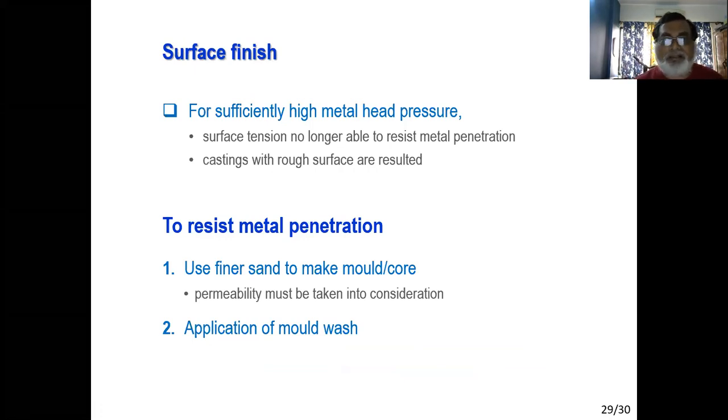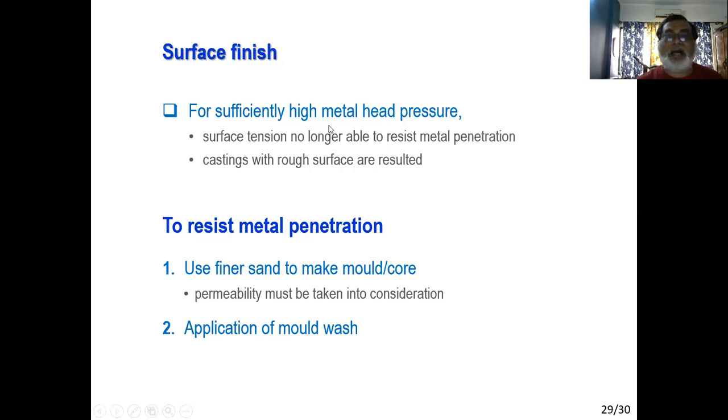Not only that, it can enter the space between two sand grains. As a result, the surface finish will be very bad.